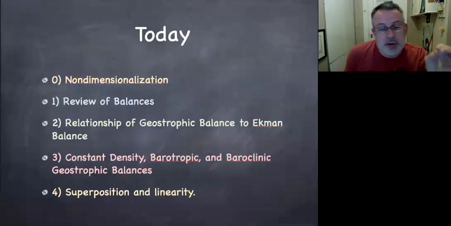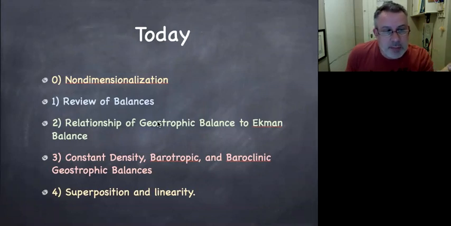So we're going to pick up with our usual review of non-dimensionalization and the balances that we've talked about. Then we're going to make this analogy between the geostrophic balance and the Ekman balance, using that same force diagram. Then we're going to go through a couple of specific cases: the constant density case, the barotropic case, the baroclinic geostrophic balances.